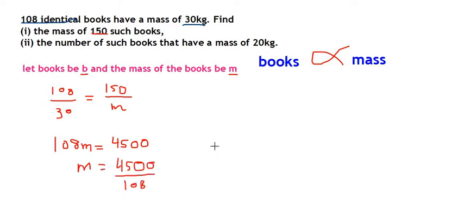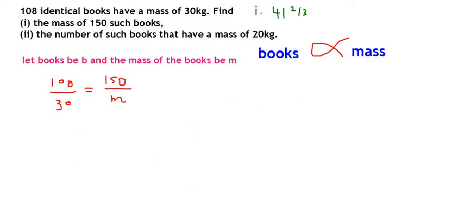Now we simply divide 4500 by 108 and the answer we get is 41 whole 2 by 3. We can also write it in decimal form or mixed number form. I'm writing it in the mixed number form.